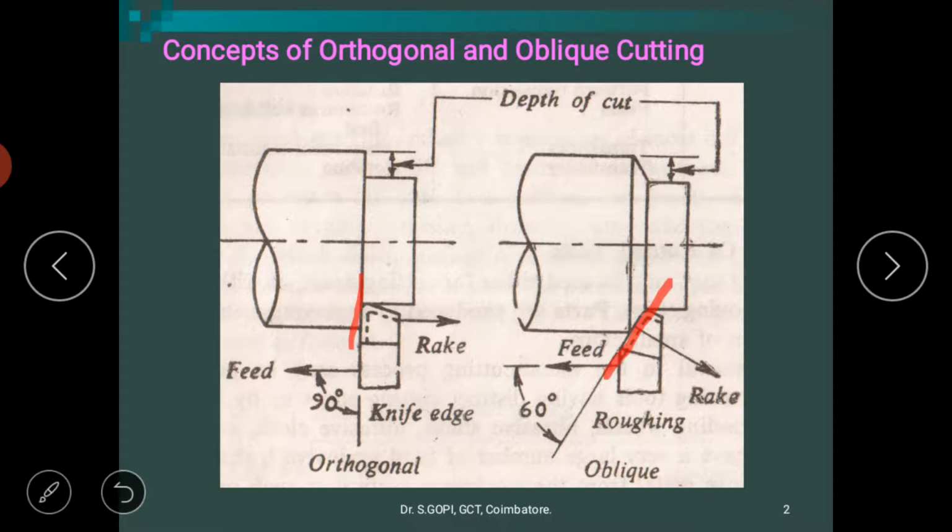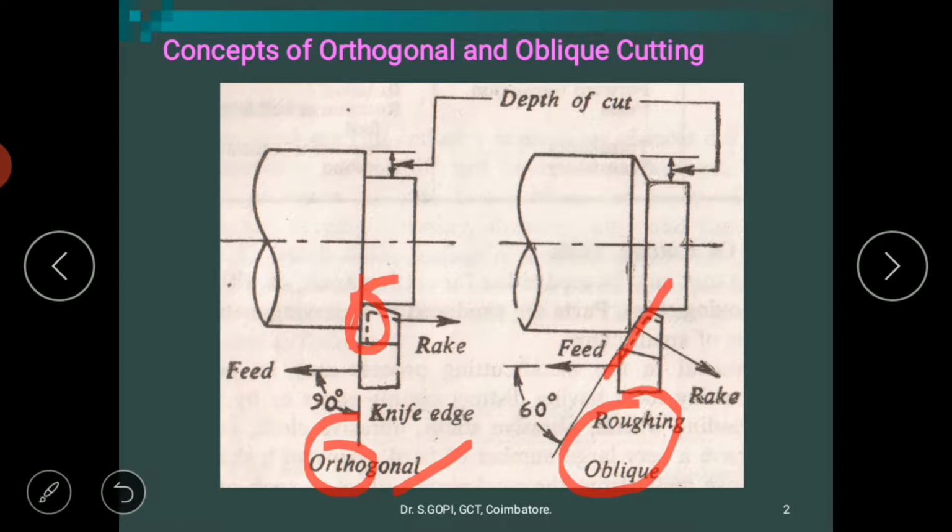Due to the smaller area resistance, the tool life is very low in the case of orthogonal cutting. In oblique cutting, the cutting forces are spread out over the larger area, so the tool life is somewhat higher compared to orthogonal cutting. One more thing: the accumulation of heat is concentrated on the smaller area in orthogonal cutting.